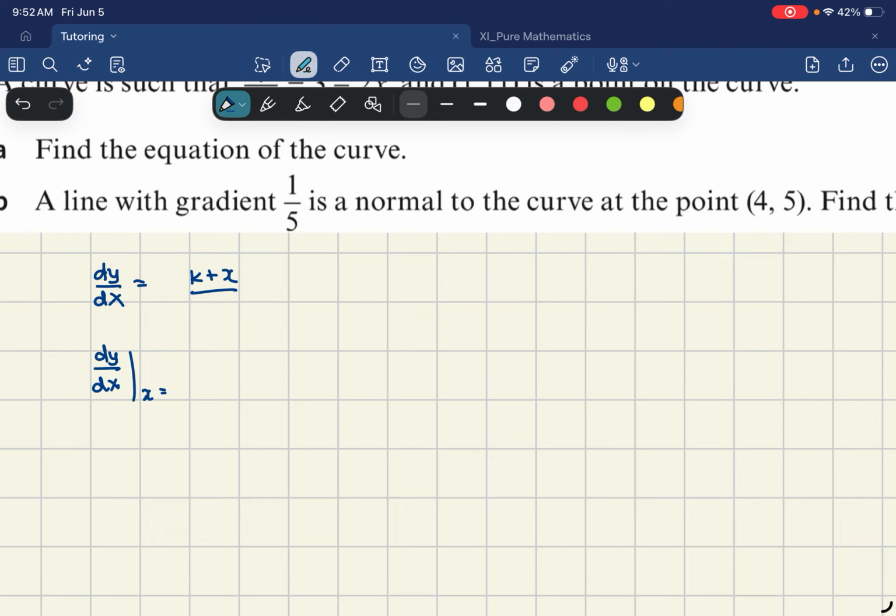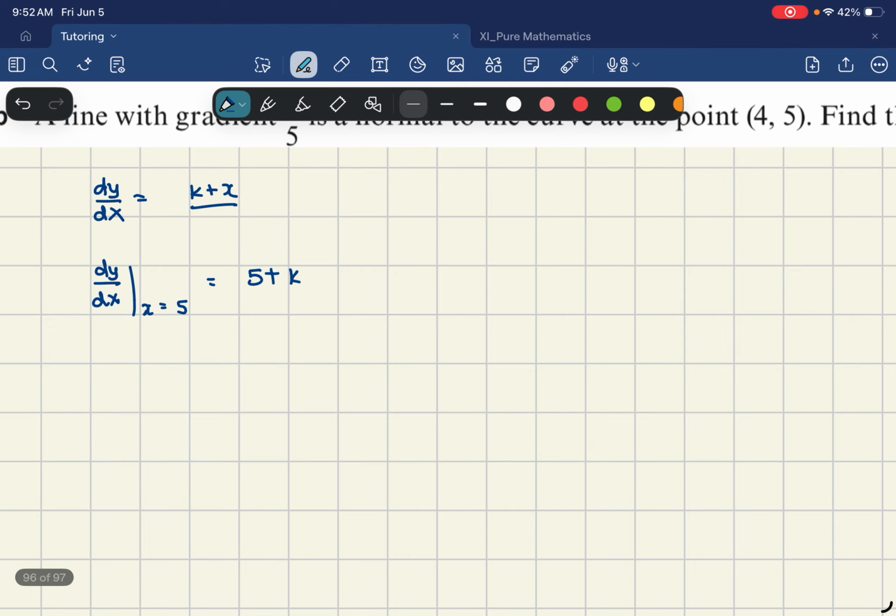When x is equal to 5, that is just 5 plus k. And dy by dx, when x is equal to 7, is just going to be 7 plus k.